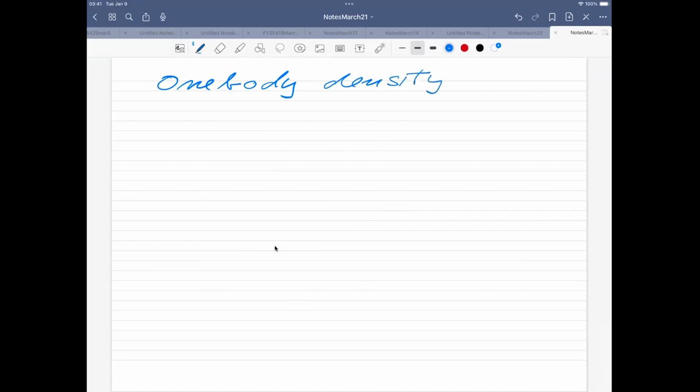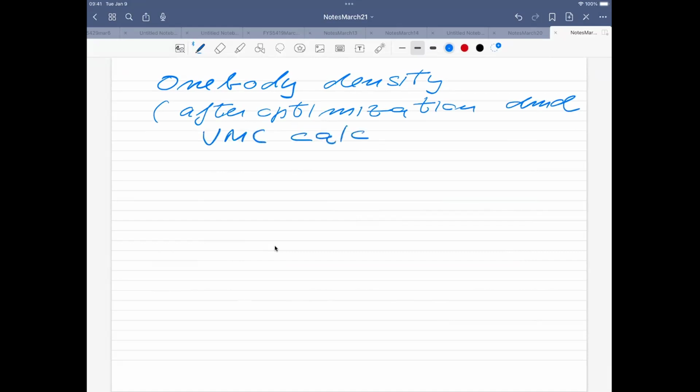This is also something you would do after the optimization, after the variational Monte Carlo (VMC) calculation, because that's when you have the optimal parameters.